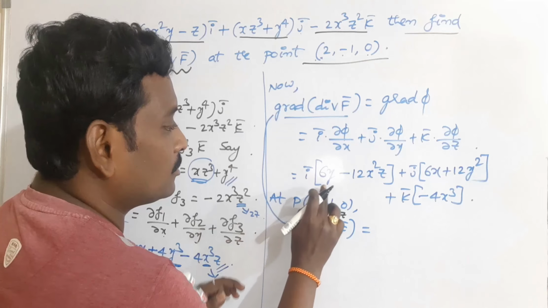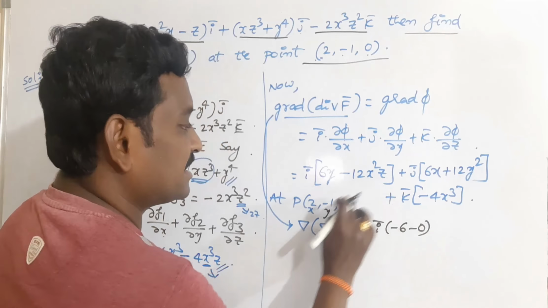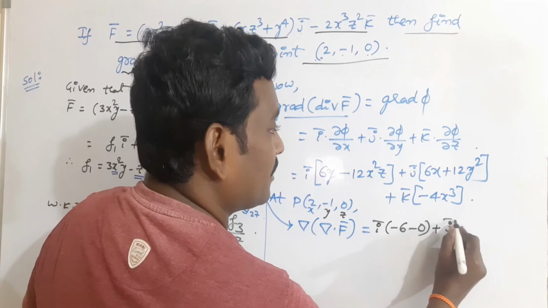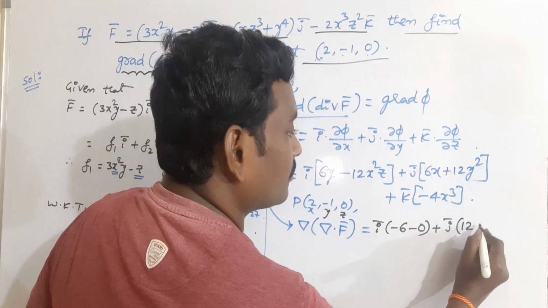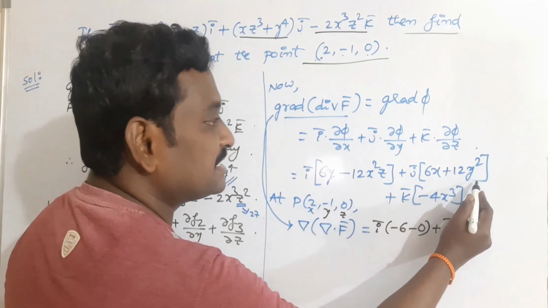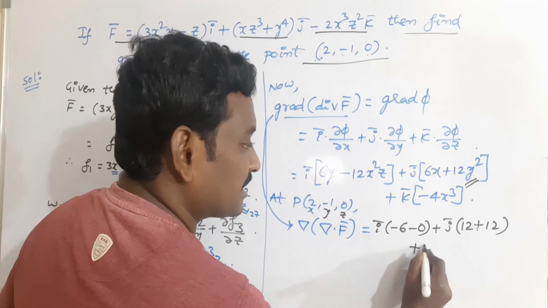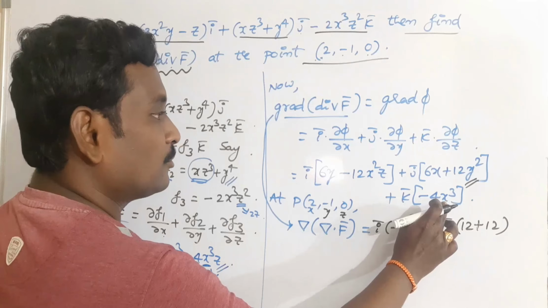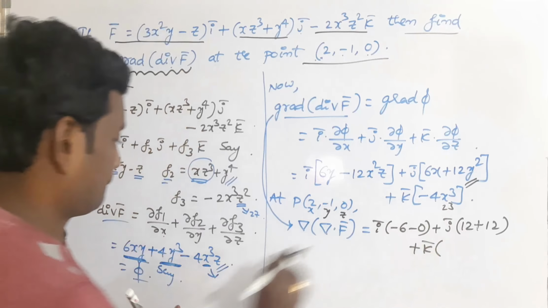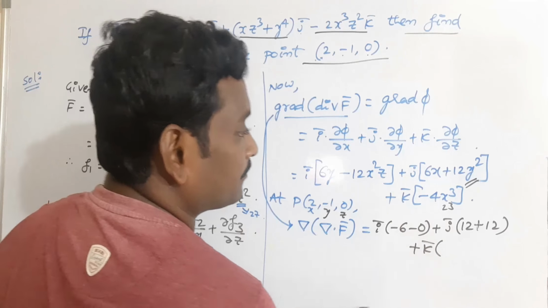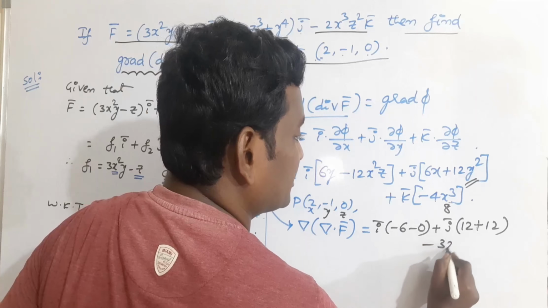So i bar into minus 6 minus 0 because z is 0, plus j bar into 6 times x, which is 6 times 2, 12, plus y value is minus 1, since it has whole square it becomes 12 into (minus 1) whole square, plus k bar into what is x cube, again 2 cube, 2 cube is nothing but 8, 8 fours are 32, so I will write here minus 32 k bar.